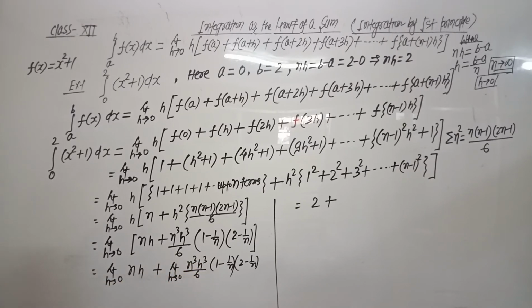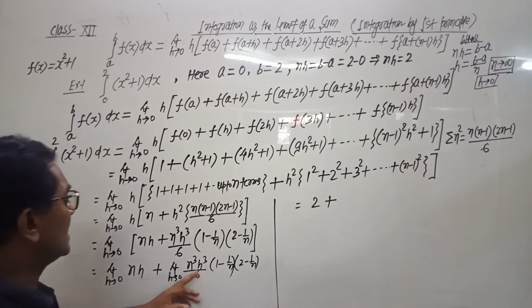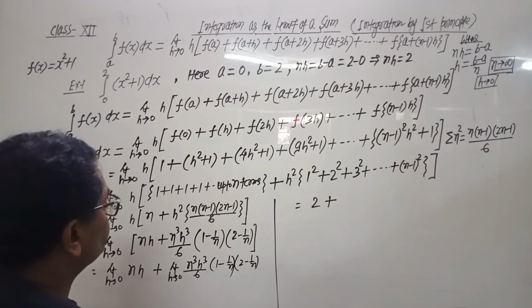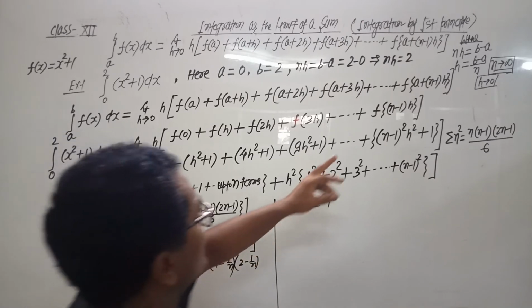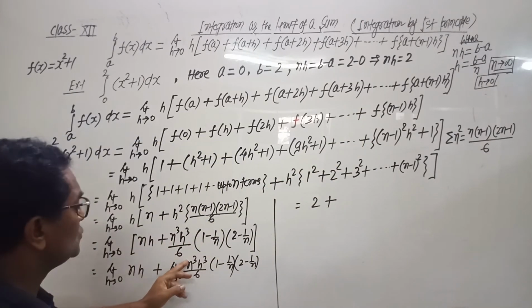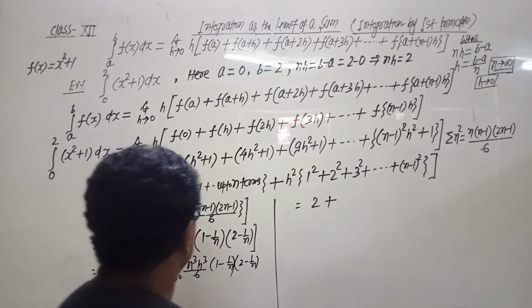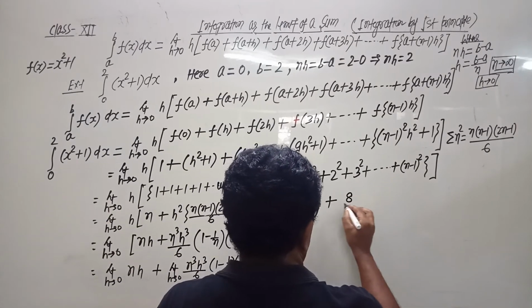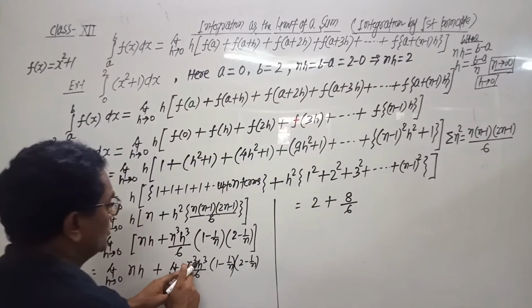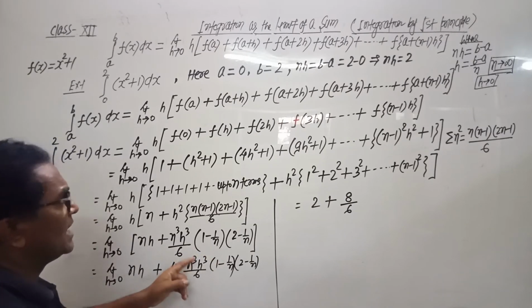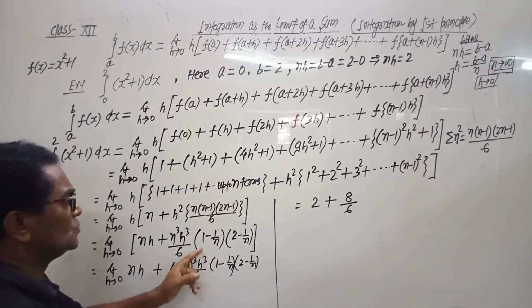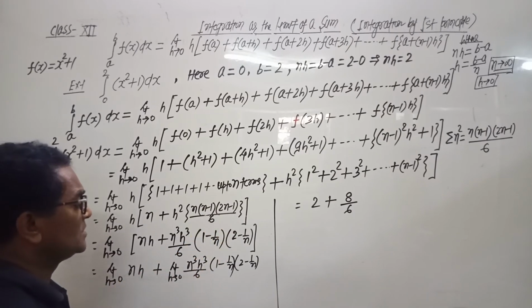Here n cube h cube is written as nh the whole cube, and the value of nh is 2, so 2 cube is 8, upon 6.